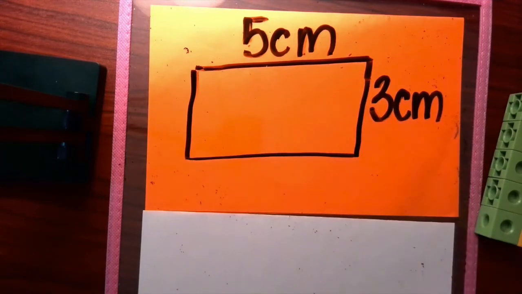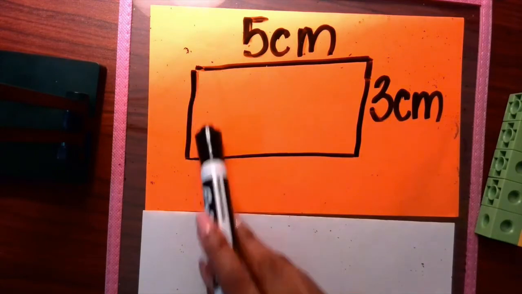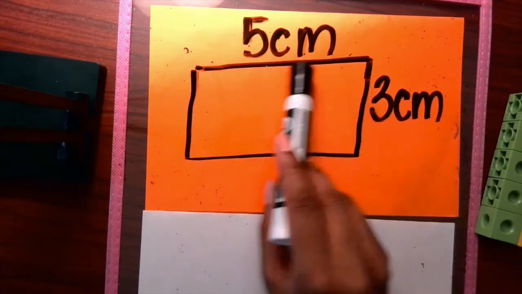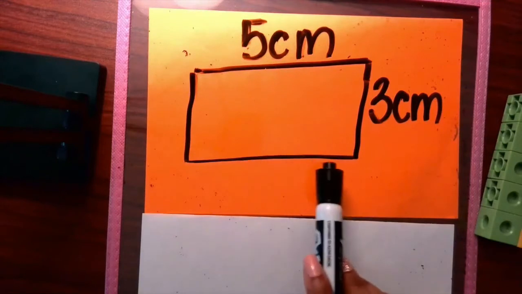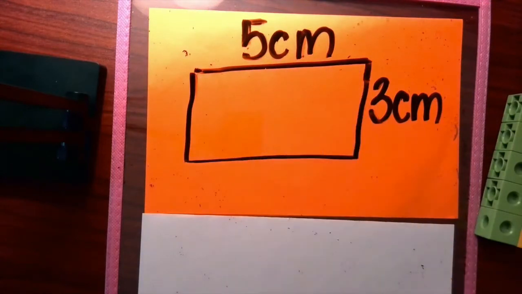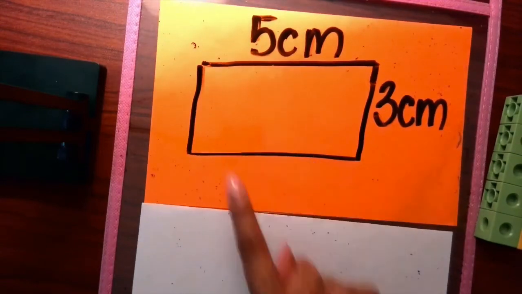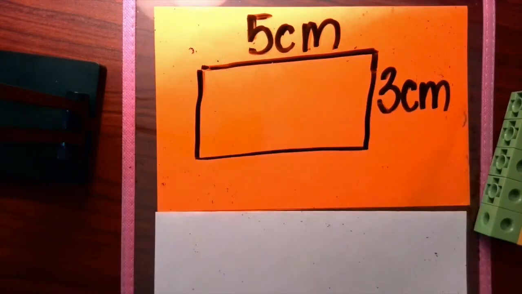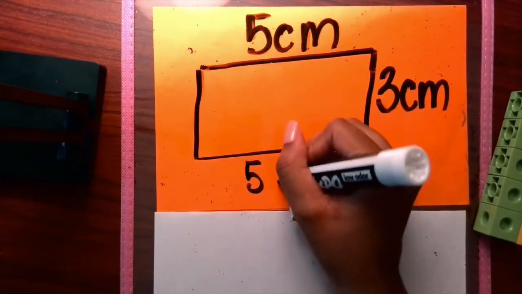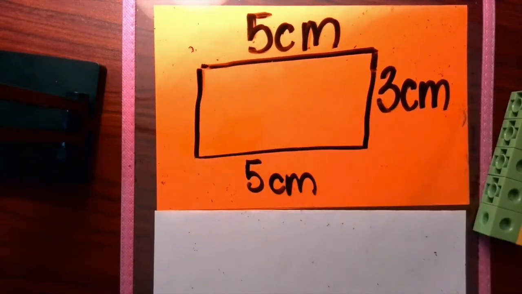Now, I know that perimeter is the path or distance around any plane figure. So if I want to find the perimeter of this rectangle, I know I need to add all of my sides together. I know that the length of this side is 5 centimeters, which means that the opposite side is also going to be 5 centimeters.